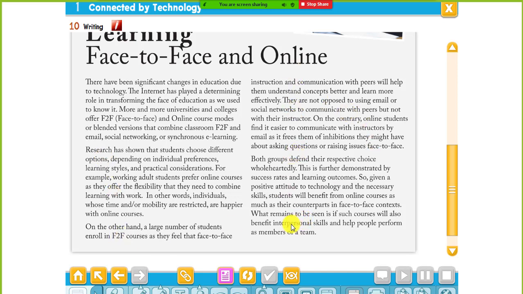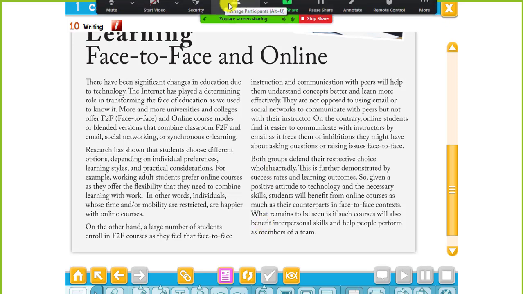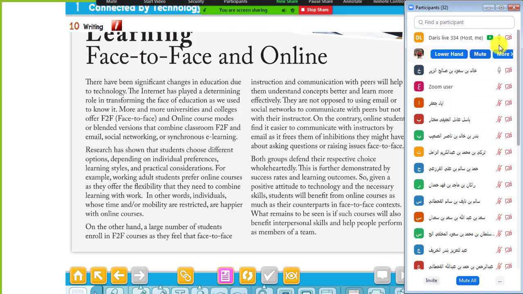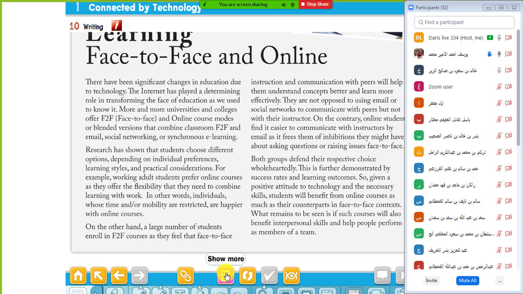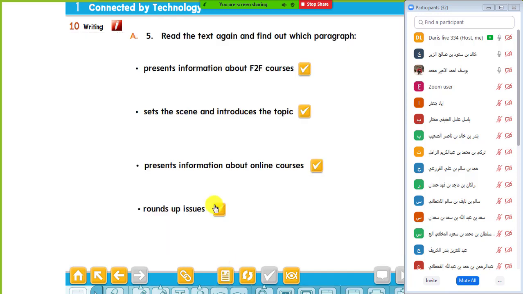Which one presents information about face-to-face? Yes, Yusuf? I think the second paragraph. Second? You mean this one, right? Let's see. Paragraph 3, not number 2, Yusuf.